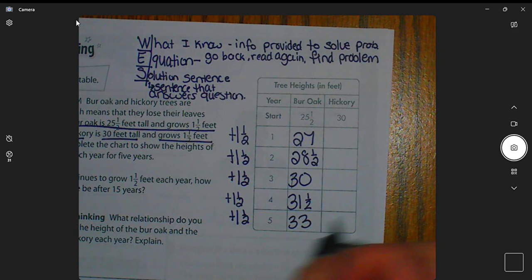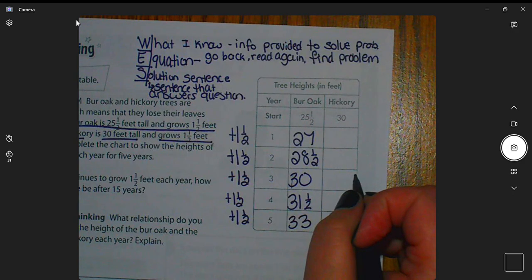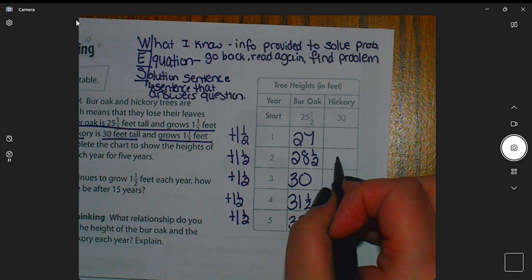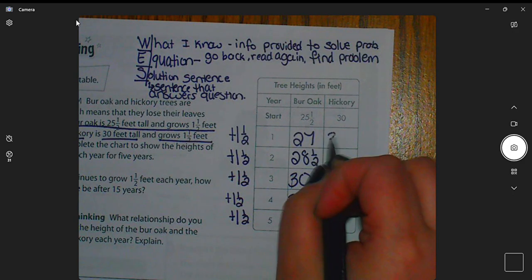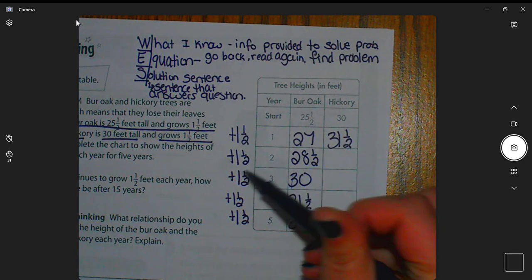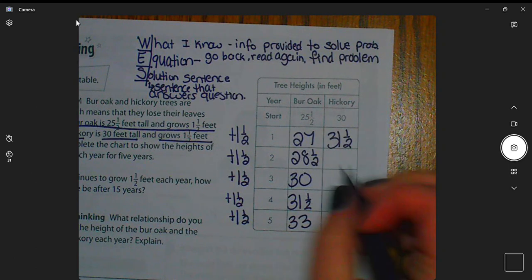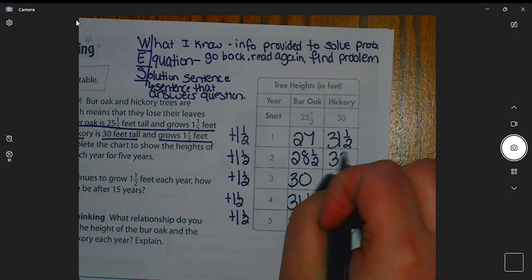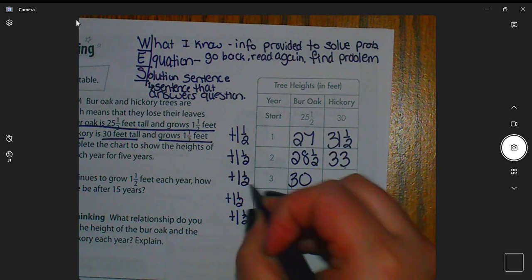Now let's look at the hickory. 30 plus 1.5, right? 31.5. 31.5 plus 1.5. Yeah, it's 33. 33 plus 1.5.